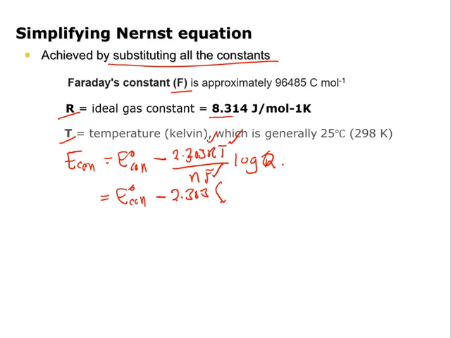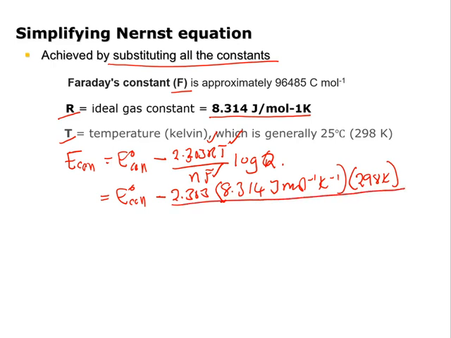The value for R is this, so we substitute 8.314 joules per mole per Kelvin, times T, the temperature, which is 298 Kelvin, then divide by n times the Faraday constant, which is 96,485 coulomb per mole. Okay, then we can add this parameter, log Q.